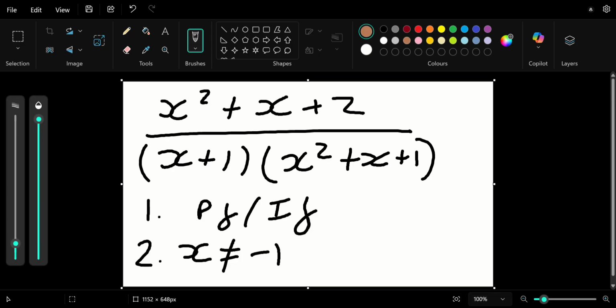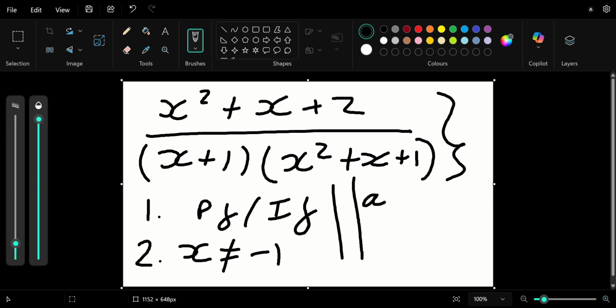And looking at our other denominator over here, we can see that it's a quadratic. However, this quadratic can't be factorized. Therefore, for this fraction, you can do one of two things.